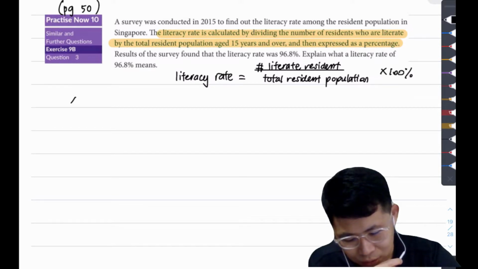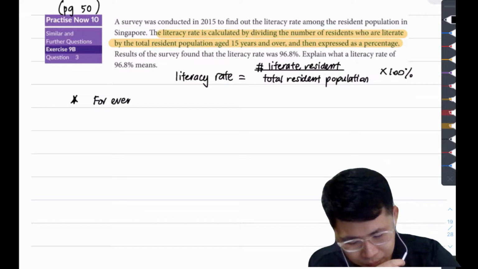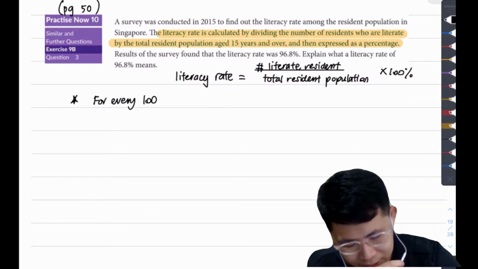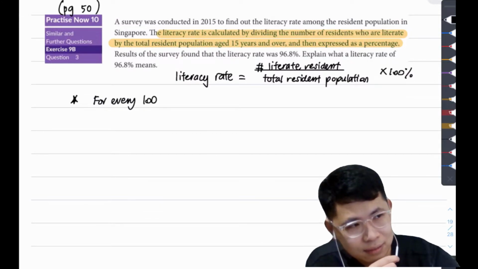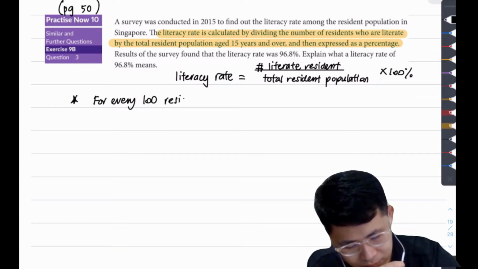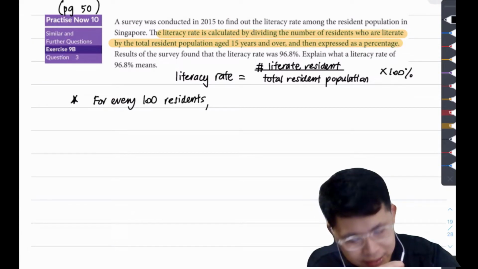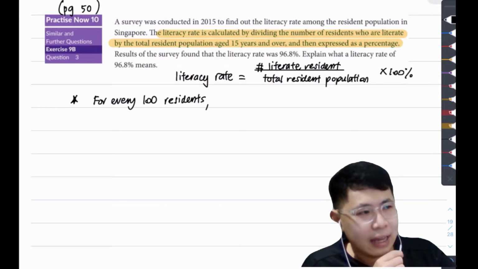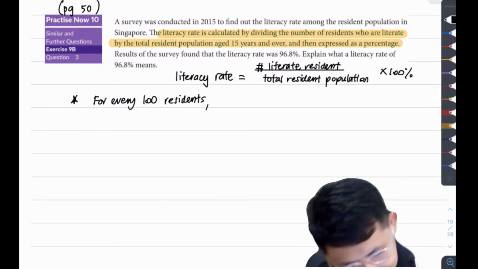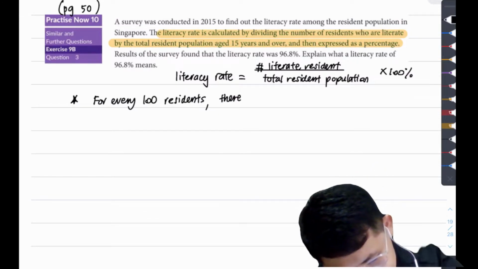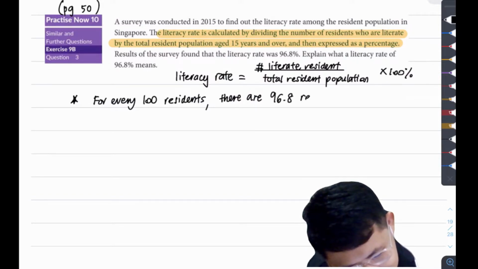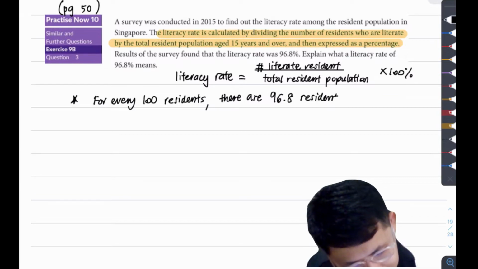So one way that I can write it is, for every 100 residents, there are 96.8 residents who are literate.